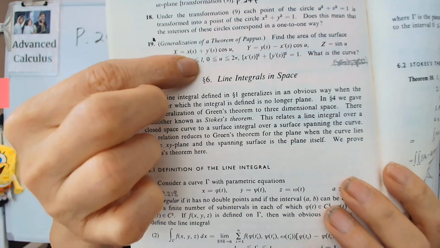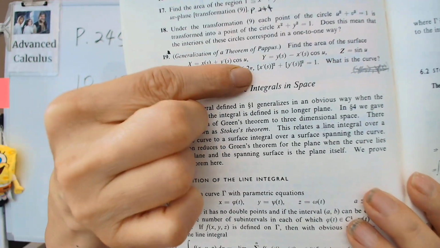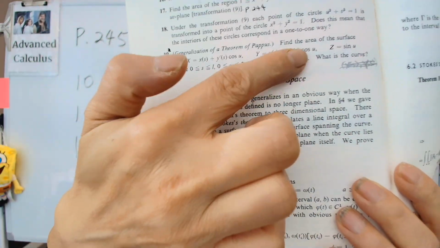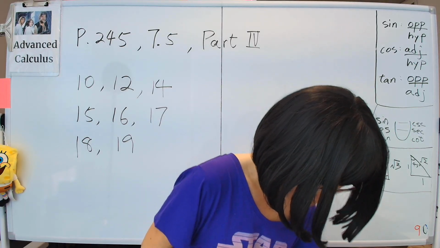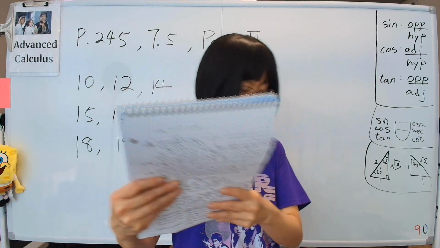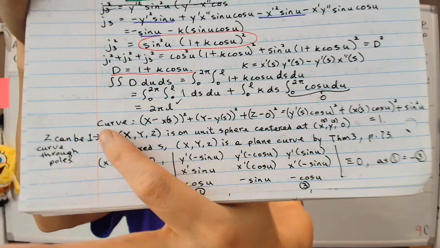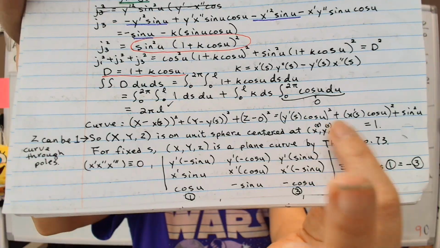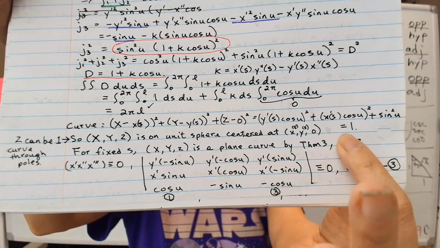If we do big X minus small x of s, then we have this thing, and then square it. So it'd be this thing squared, and similarly this one squared, and so on. If we do that, then it equals that thing squared plus that thing squared plus that thing squared, which equals 1.